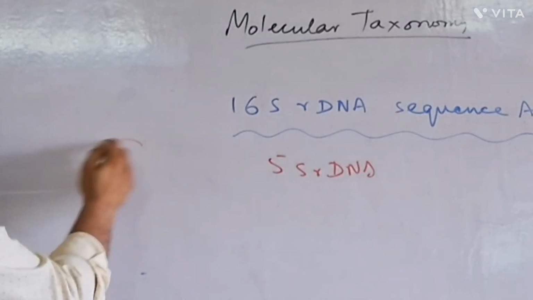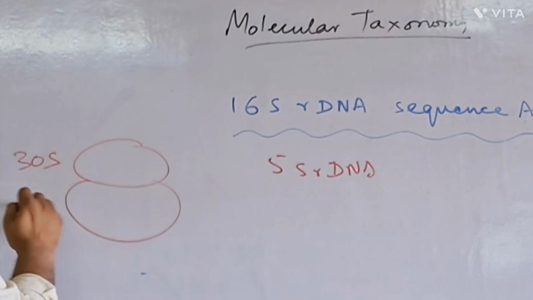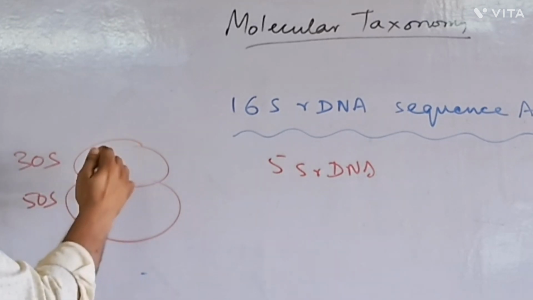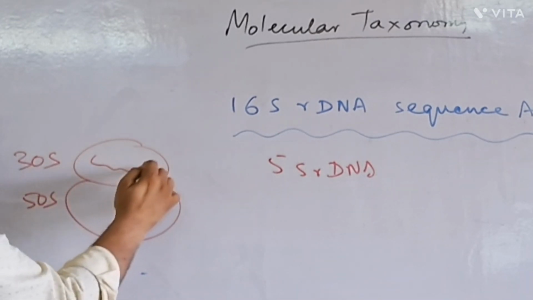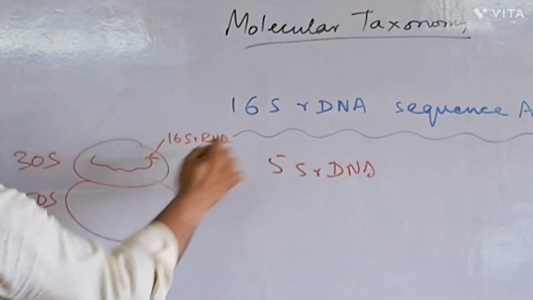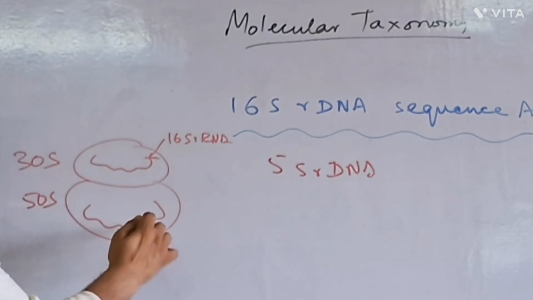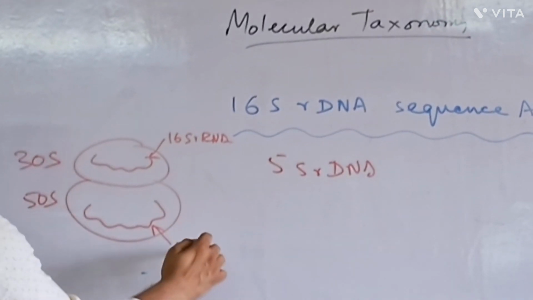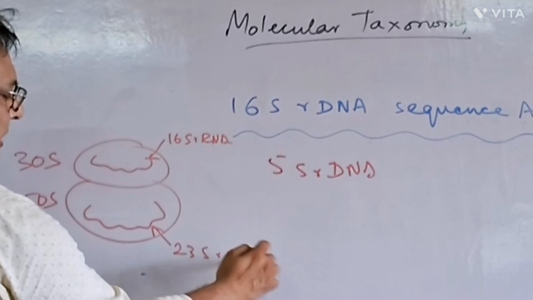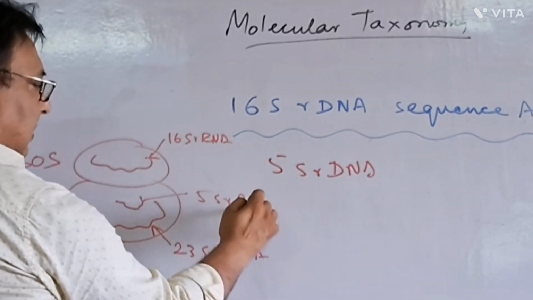In the bacterial ribosome, there are two subunits, 30S and 50S. In the 30S, you will get the 16S rRNA. In the large 50S subunit, you will get a 23S rRNA, and there is a small RNA that is called 5S rRNA.